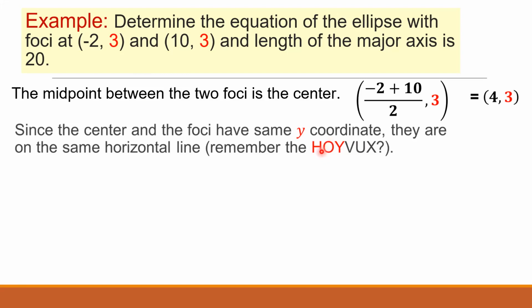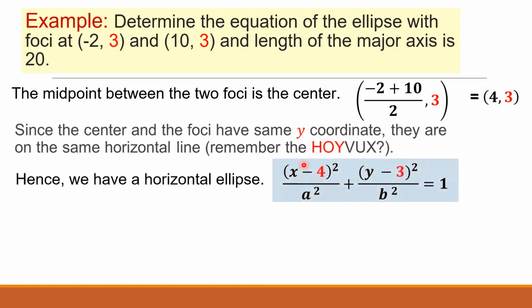Okay, so kung horizontal yung major axis, ibig sabihin the bigger denominator is under the x minus 4 squared. Okay, so horizontal ellipse, x minus 4 squared, siya yung may bigger denominator compared to the y minus 3 squared. Alam natin 20 yung major axis. So divide this by 2, that will be 10. 10 is the A. Okay?